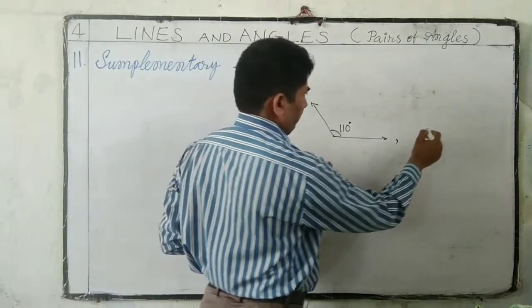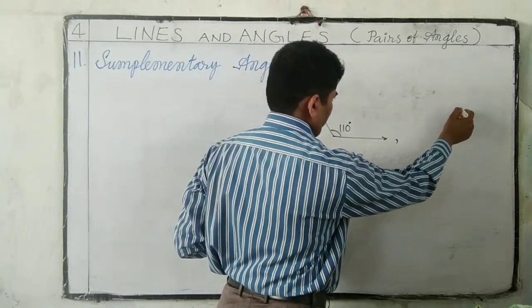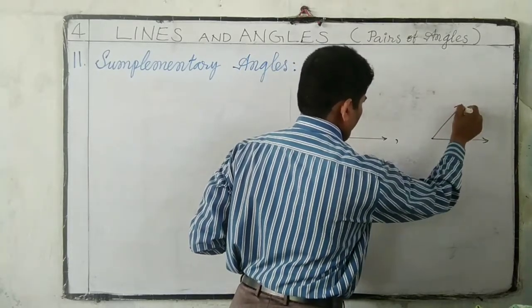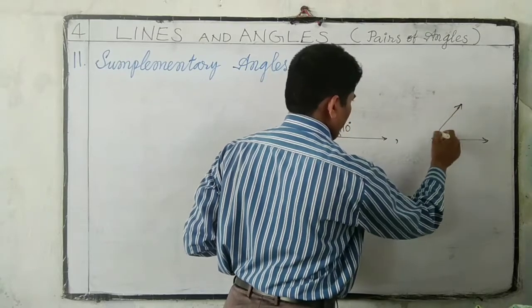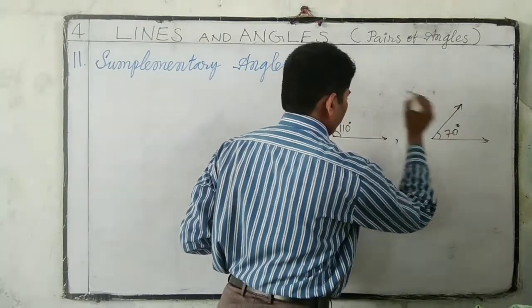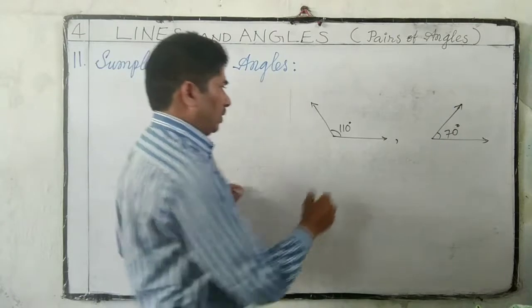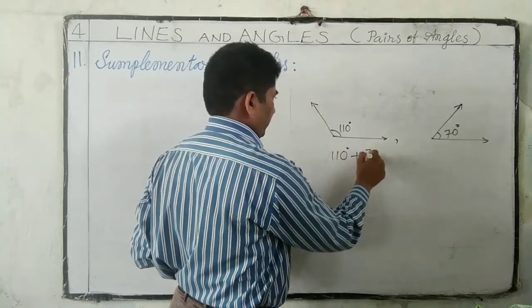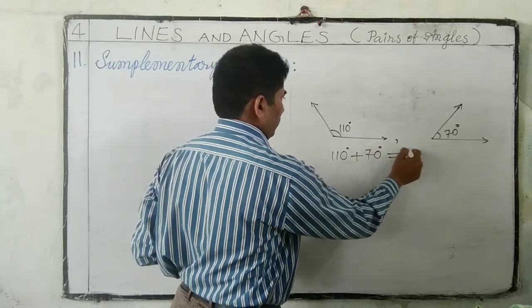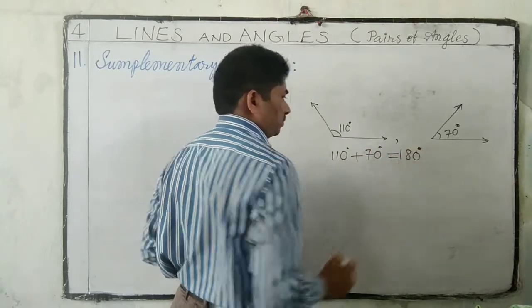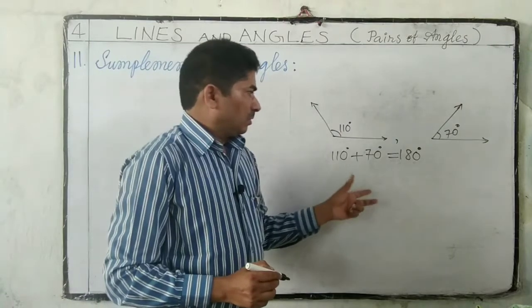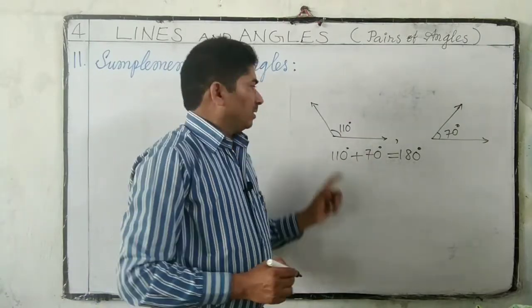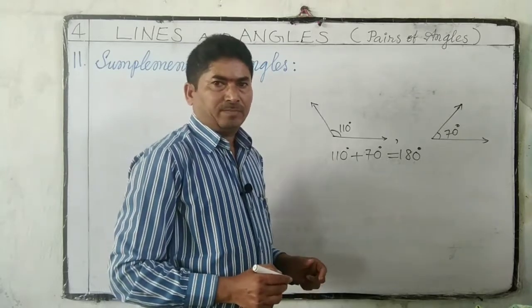One more angle, 70 degrees. Sum of these two angles, 110 plus 70, is equal to 180 degrees. So that's why these two angles are called supplementary angles.